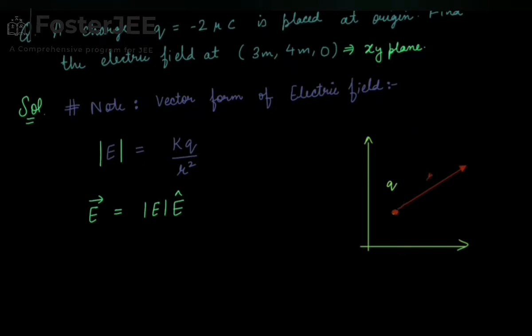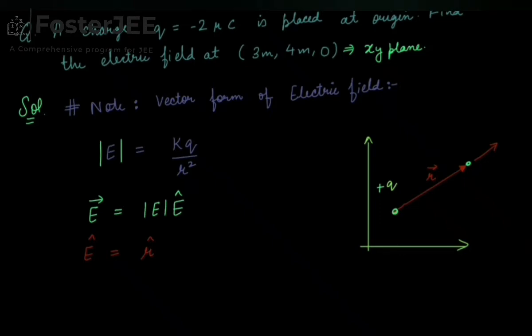Now, this is r. Then what will be the electric field at this point? We can see if this is a positive charge, the direction of electric field would be definitely like this, that is in the direction of r vector. So can we say that direction of electric field is same as direction of unit vector or radius vector?